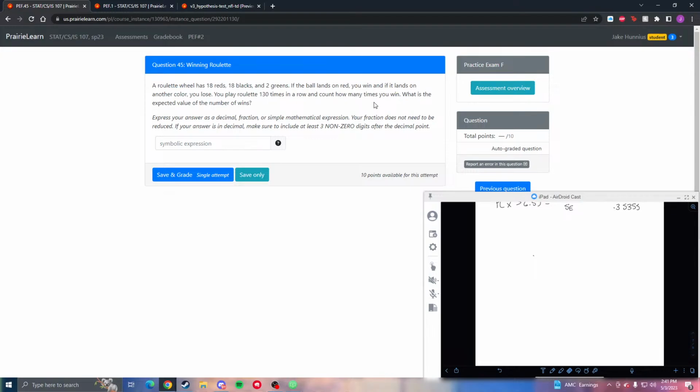So for this one, we're going red every single time. So we only win when it hits red. So the probability that we win on a red is going to be 18 over, I think it's 38. So the probability of winning on red is 18 over 38.